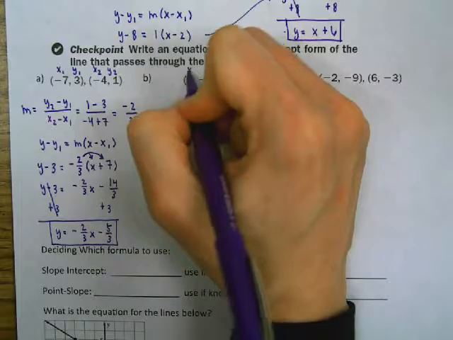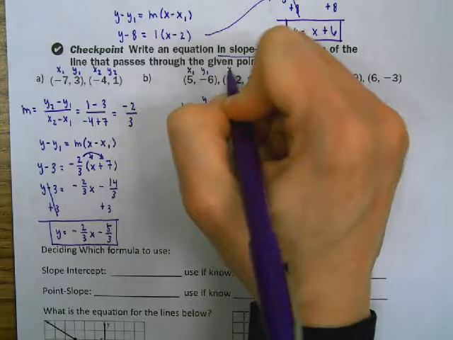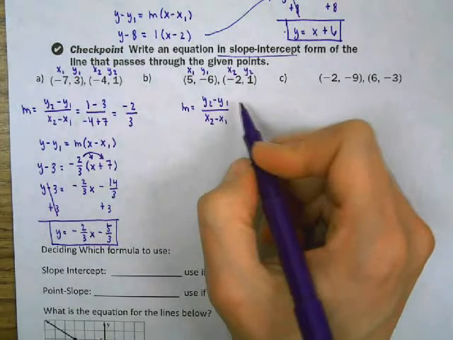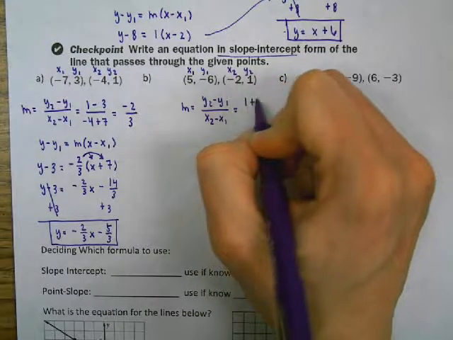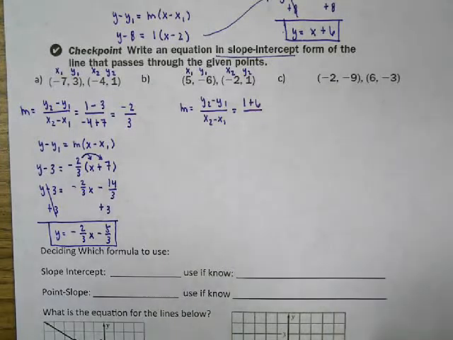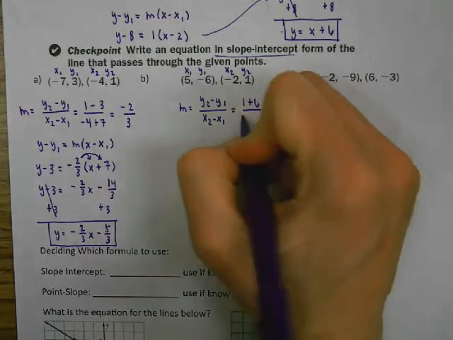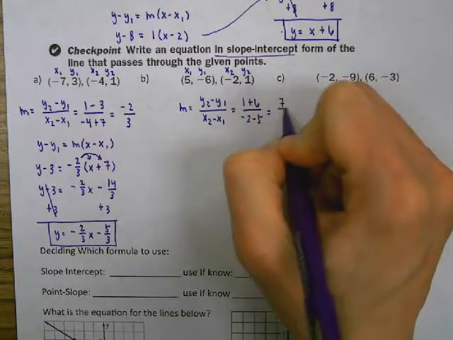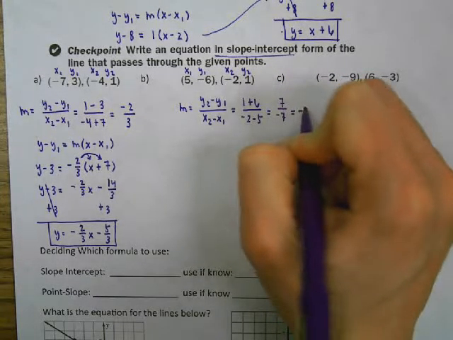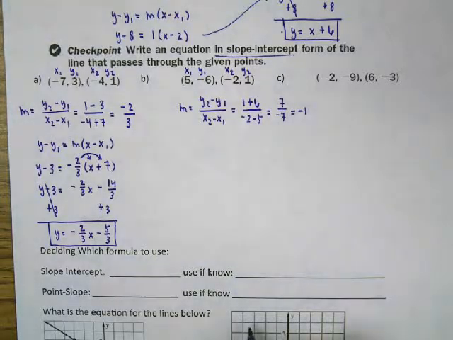If I label my points x1, y1, and x2, y2, and then substitute, I get 1 minus a negative 6, or 1 plus 6, over negative 2 minus 5. So that's going to give me 7 over negative 7. So I have a slope of negative 1.